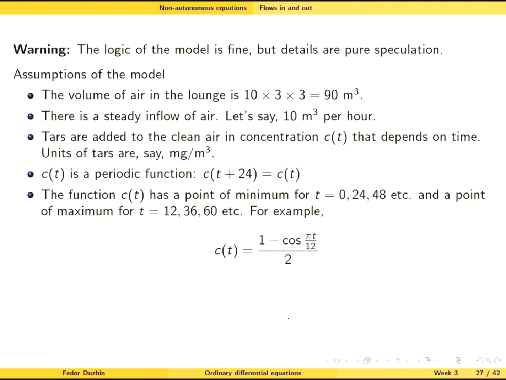Again, the real function is probably not that simple, but the logic is fine. So here, C of t, the minimum value is 0, the maximum value is 1. So the graph of the function C of t looks like this.